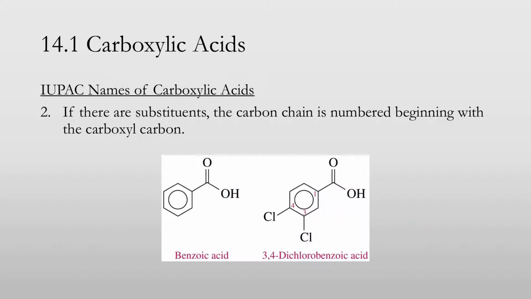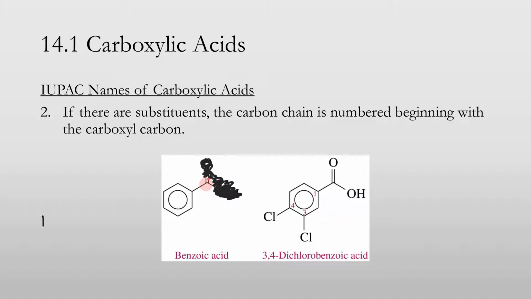Rule 2, if there are substituents, the carbon chain is numbered beginning with the carboxyl carbon. And so what we could do is, if we ignore the carboxylic acid portion of this, there's a carbon right there, but the rest of those let's ignore.